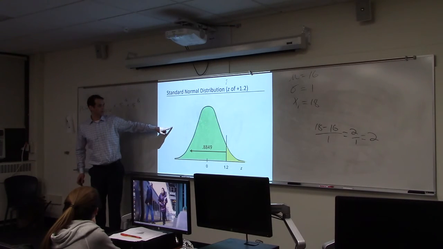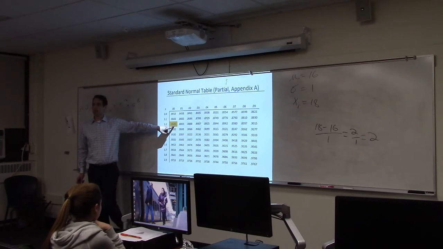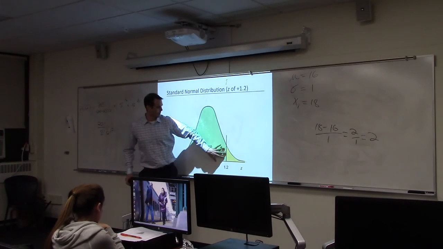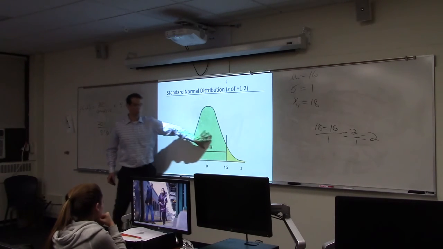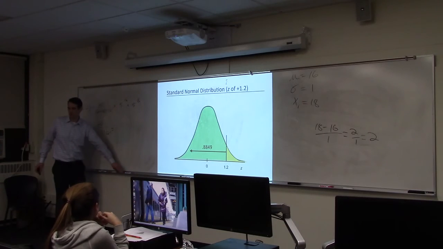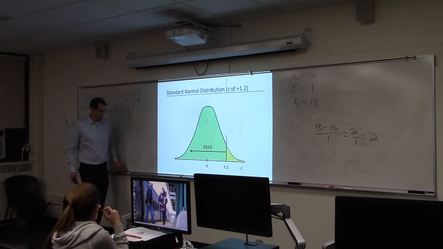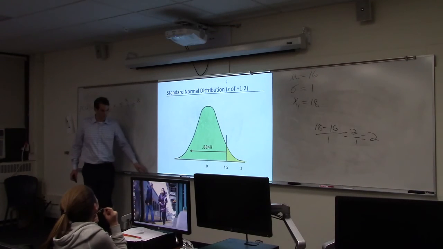This is area under the curve. This 0.8849 tells us the probability of having a z-score of 1.2 or less is 88.49%. We can tell that by looking at the z-table.